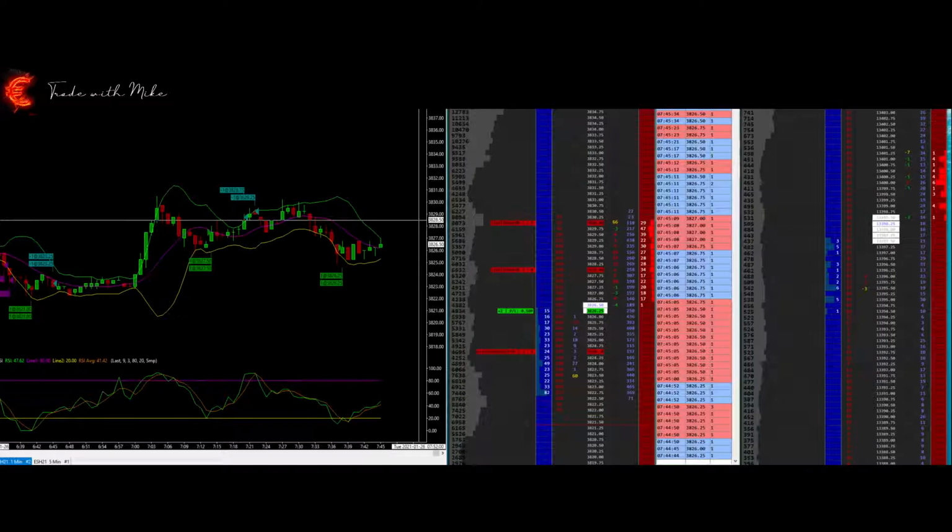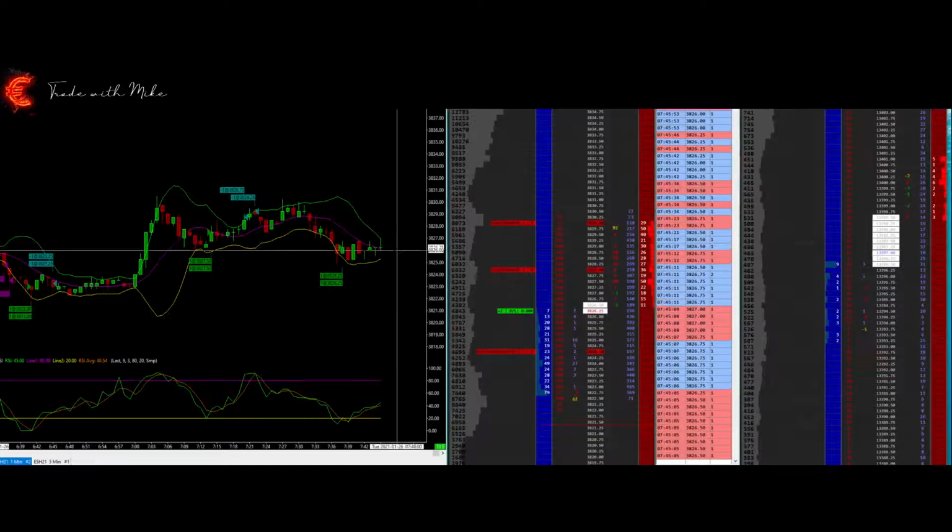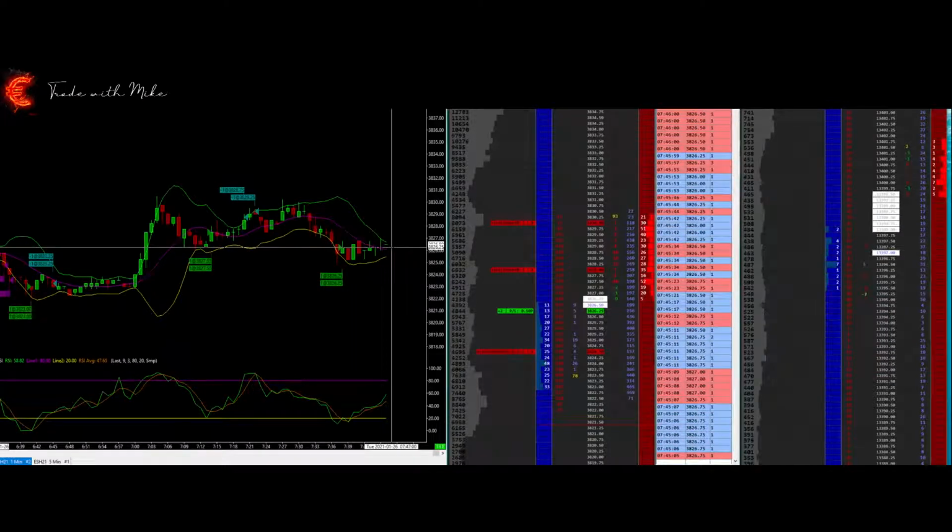Yeah, it's a shitty trade. It's very slow. It's not doing much for me. Looking at it, I'm at break even plus 1 tick.